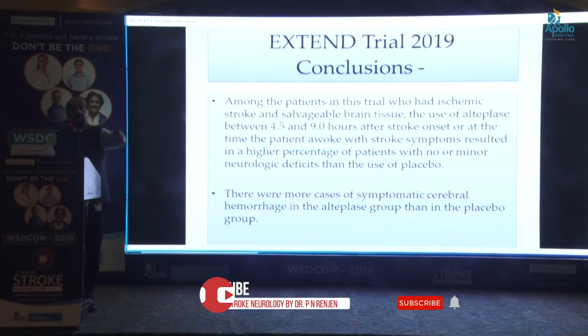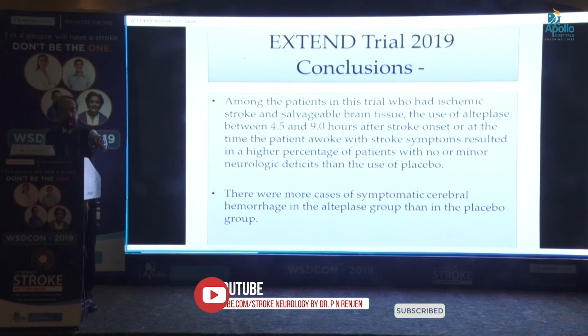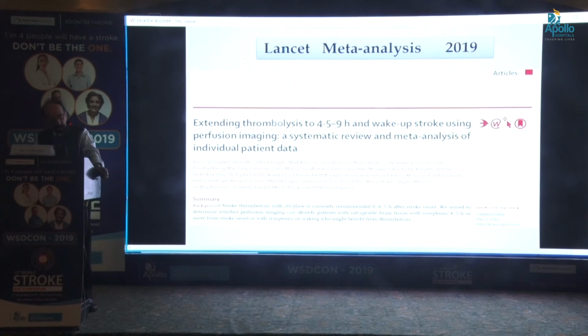Interestingly, if a patient slept at 10 o'clock and woke up at 5 o'clock, they presumed that the stroke occurred in between this period, and if he was within the 9 hour period, he was recruited in this trial. There were more cases of symptomatic intracerebral hemorrhage in the alteplase group than in the placebo group.